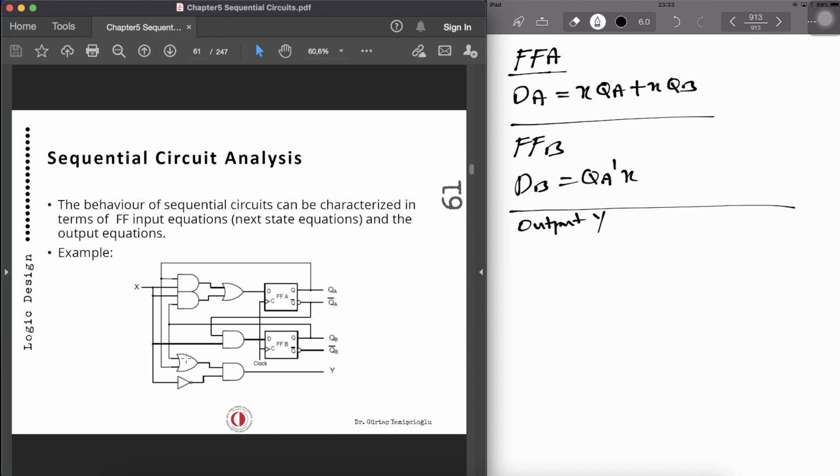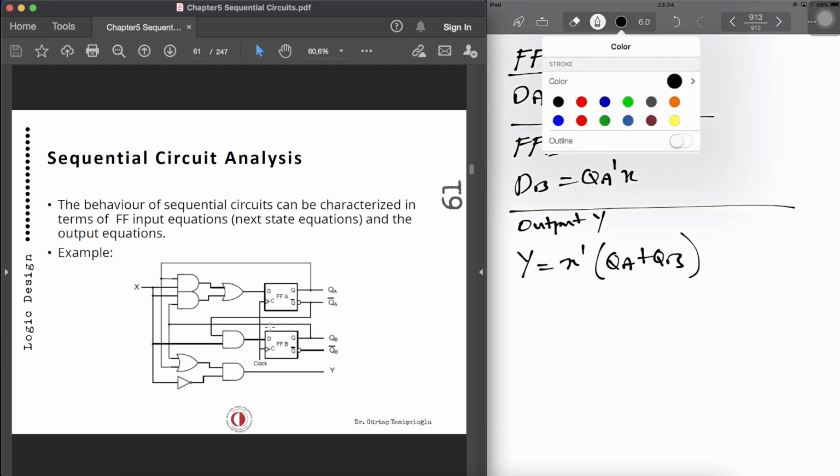Output Y is X prime times, coming from QA and QB, QA plus QB. Now everything is written in the form of Q's and A's.